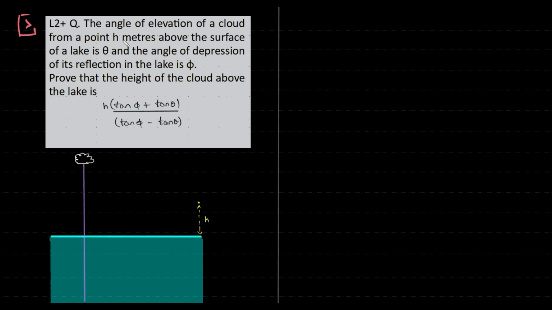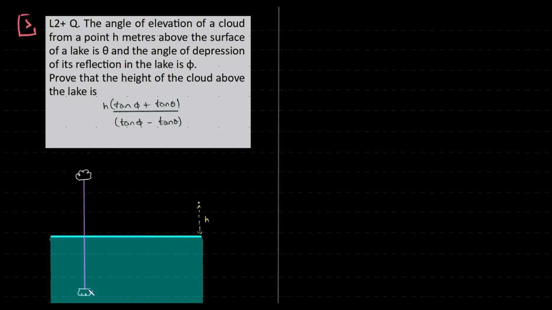So what is the condition? The condition is that this distance will be the same as this distance. Since it's going out of frame, let's reduce this a bit. So we have the cloud a bit below than originally drawn. The reflection will be somewhere over here as well.